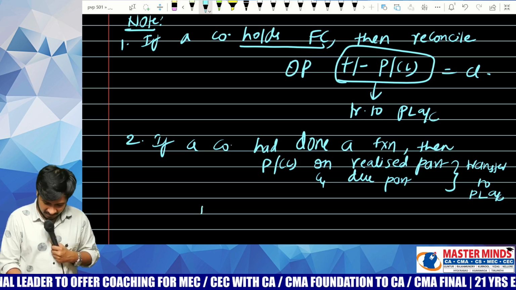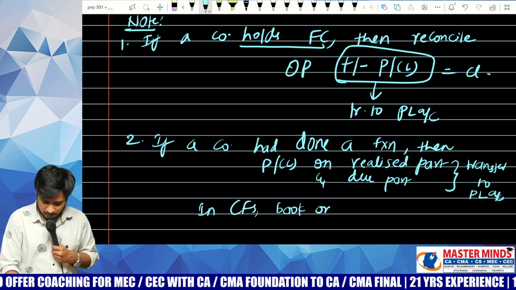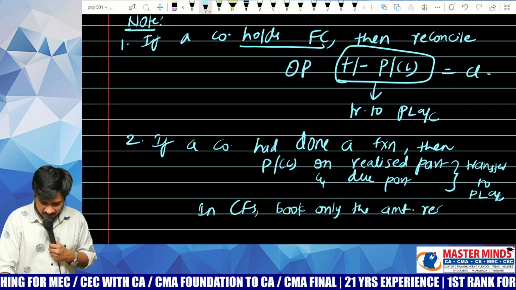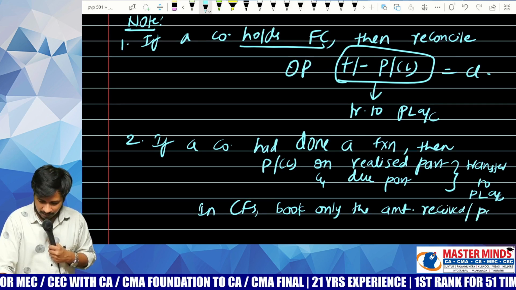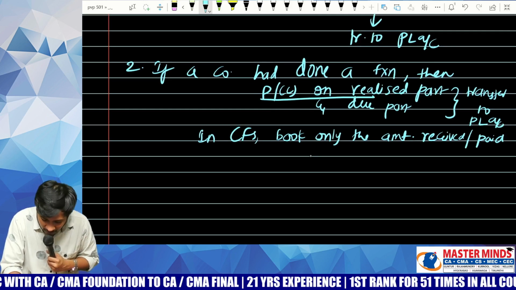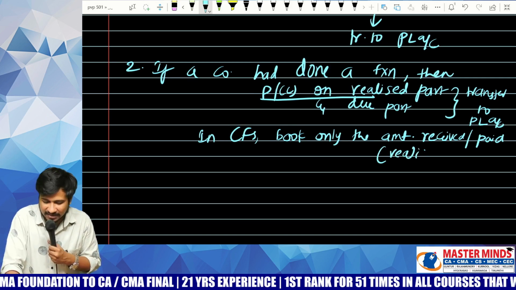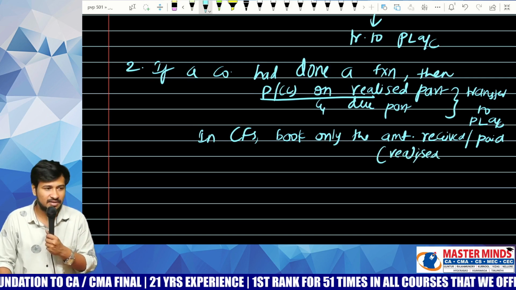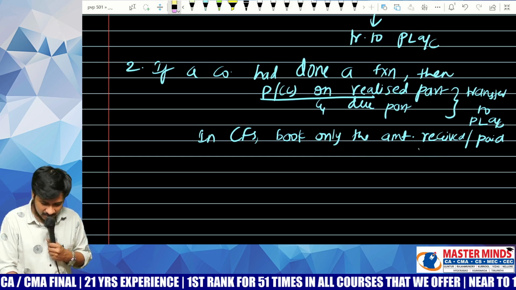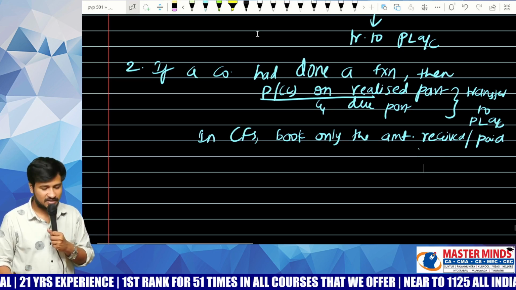Clear? In cash flow statement, book only the amount received or paid. Not profit or loss on realized part. You have to book only the amount received. That is realized part. Clear everybody? Understood? You will be booking the realized part here, but profit or loss on realized part will be transferred to P&L account. Take more care.